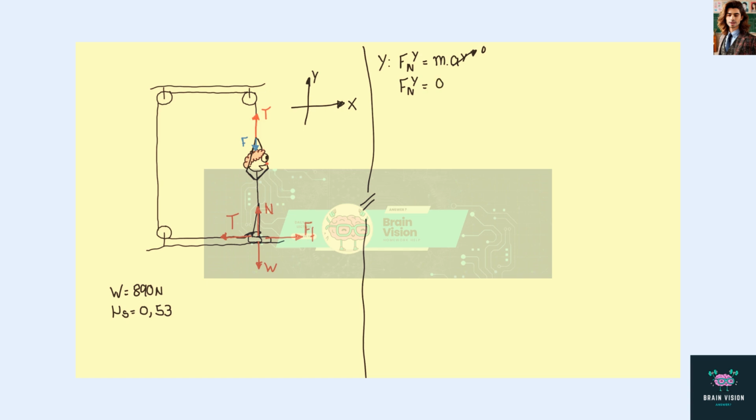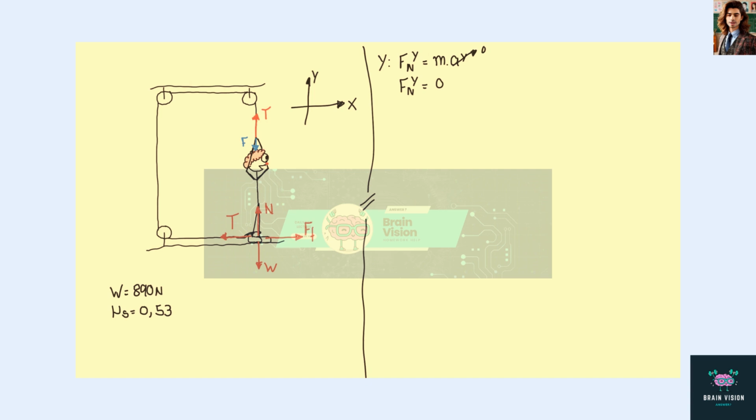But the net force in the Y direction is composed of three forces: T, the normal force, and the weight force. These are the forces that are acting on the clown. The force F is a force produced by the clown, so it will not enter in this equation. In this equation, we will only use the forces that are acting on the clown.